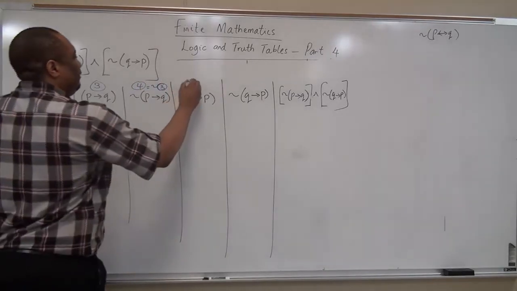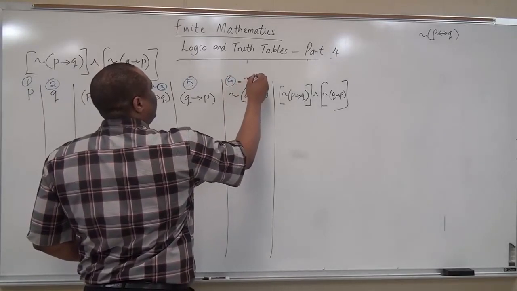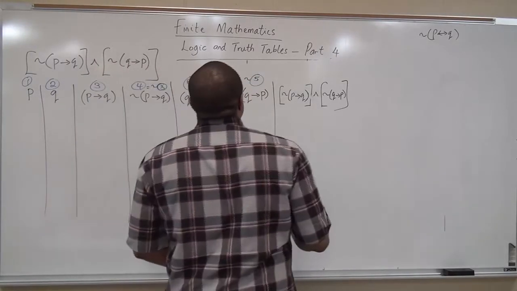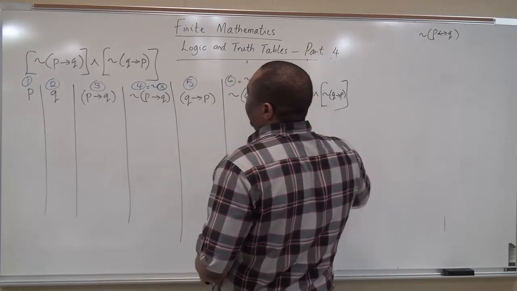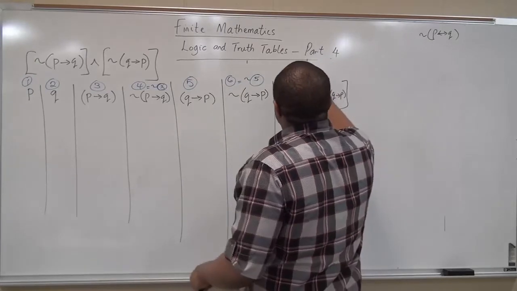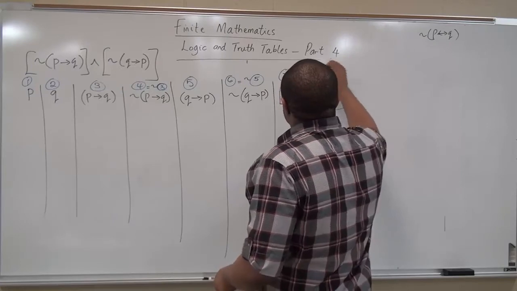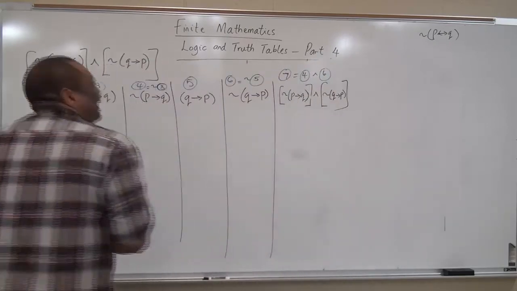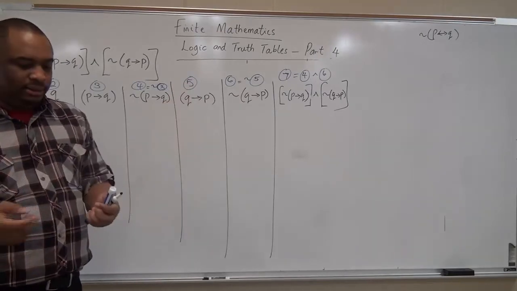This is column 5. Column 6 is negation of column 5. Then column 7 is column 4 and column 6. I just write it so it can guide you to see so that you don't make mistake.